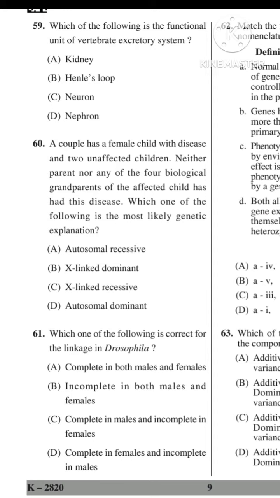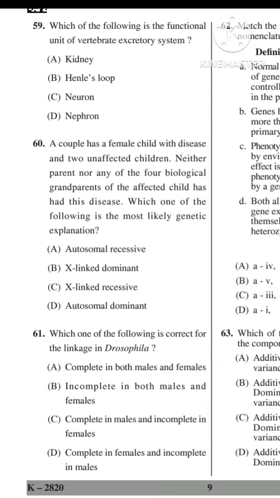So which one of the following is most likely genetic explanation? So very simple answer. So here you can see that their fathers are normal, grandfathers are normal, and other children are also normal. Only female child is affected. Therefore you can see directly autosomal recessive trait. So option A is the right answer.